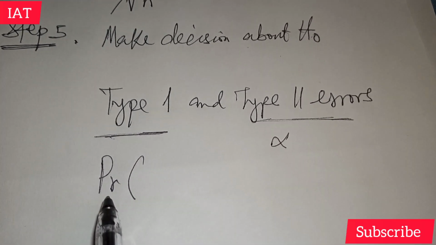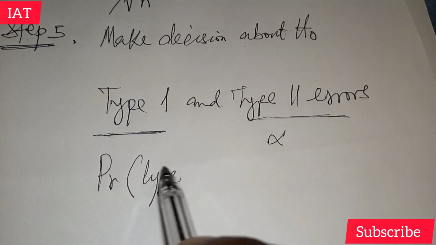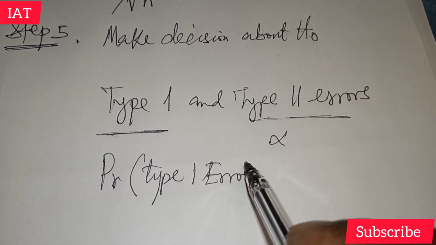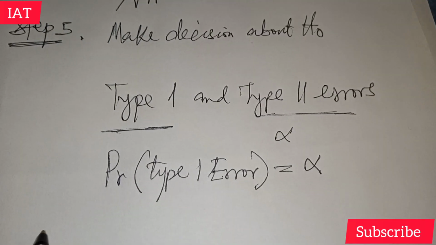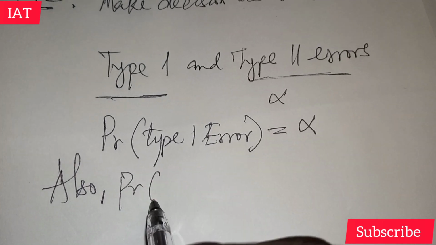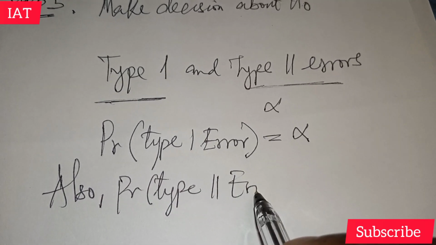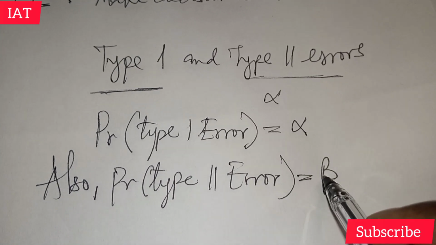So in essence, the probability of type 1 error is equal to alpha. Also, the probability of type 2 error is what we call beta.